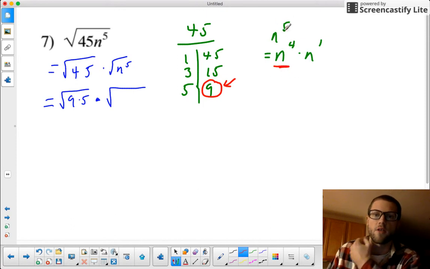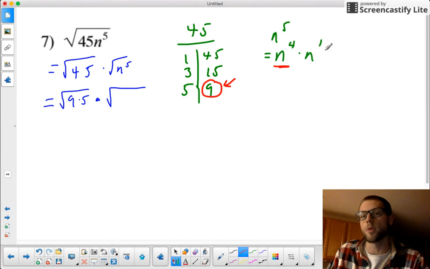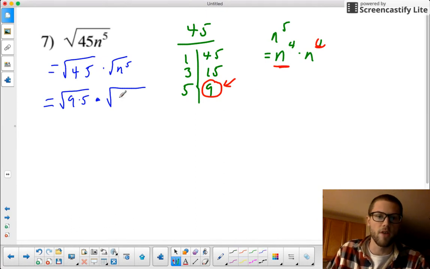So since I have n to the fifth, that's an odd number, so I'm going to set that extra off to the side, and what I have left would be n to the fourth. So I'm going to write n to the fifth as the product of n to the fourth times n to the first.